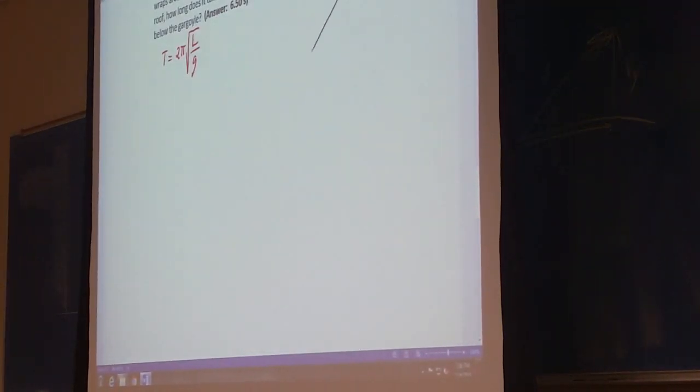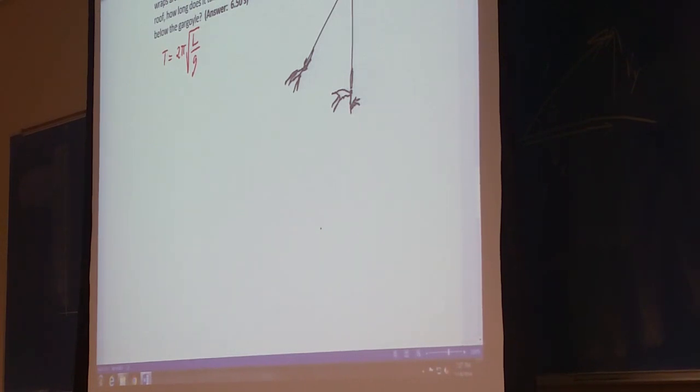Okay, so here's the initial condition. And here is the final condition.